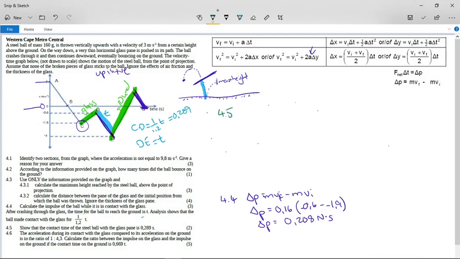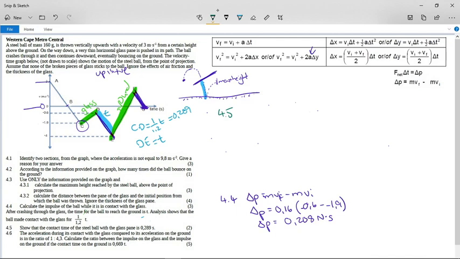So we need to find the contact time of the steel ball with the glass pane, which is 0.289 seconds. So this is the time it's in contact with the glass pane. So what was its initial velocity?